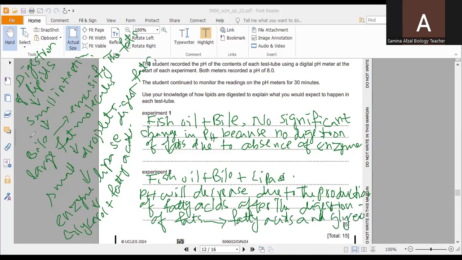It means from pH 8, it will decrease due to the fatty acids and glycerol.